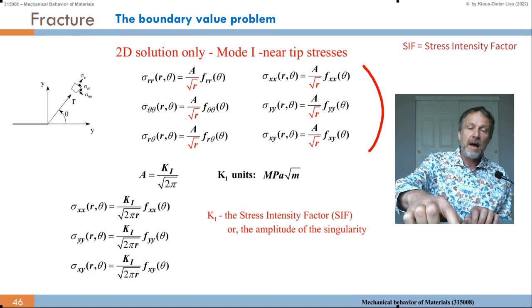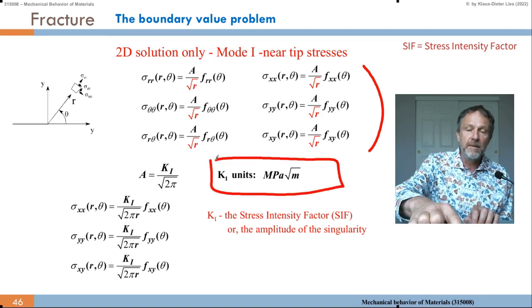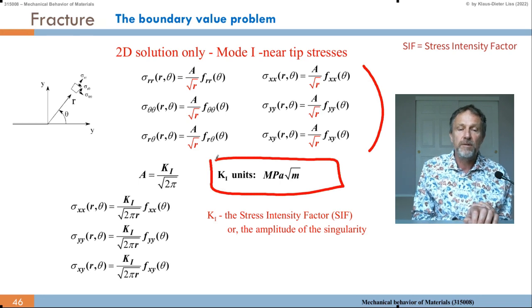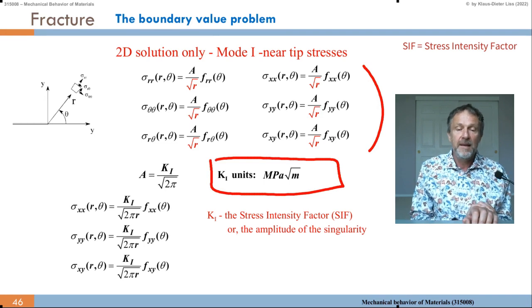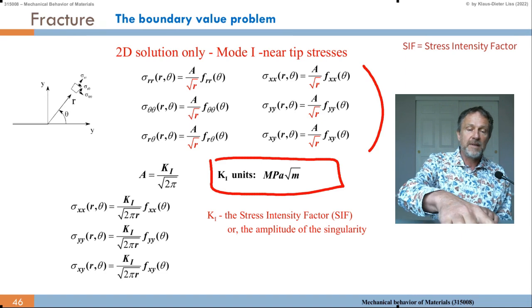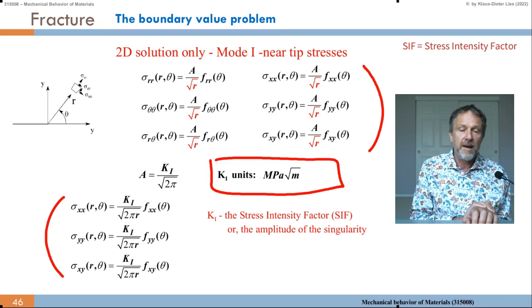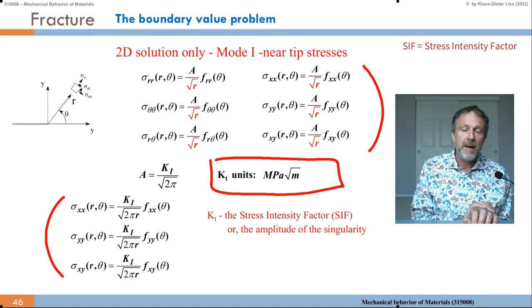And now we define a constant K1 such that A equals K1 over square root of 2 pi, or K1 equals square root 2 pi times A. And then these equations can be written as they are at the bottom, namely sigma xx of r, theta equals this function f xx of theta times K1 divided by square root 2 pi divided by square root r.